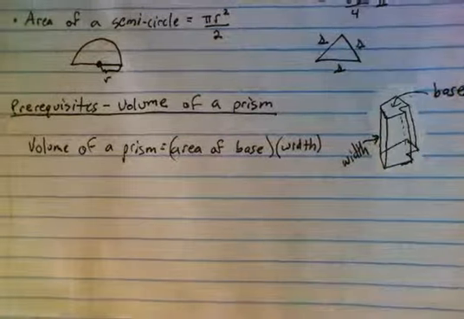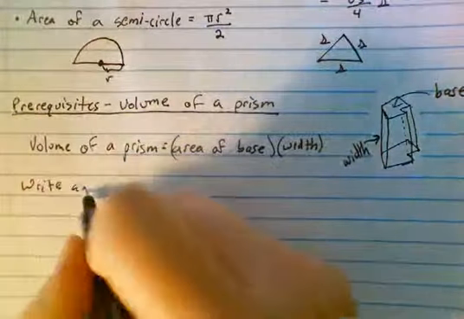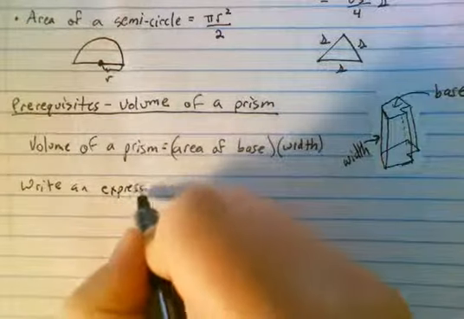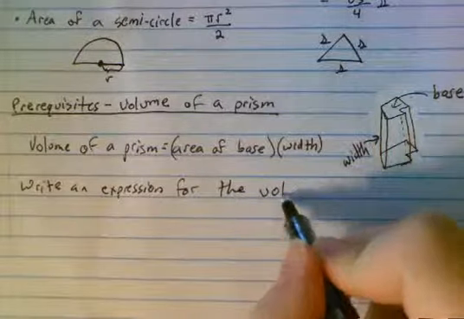So let's do some problems. We are going to write an expression for the volume of each of the following prisms.